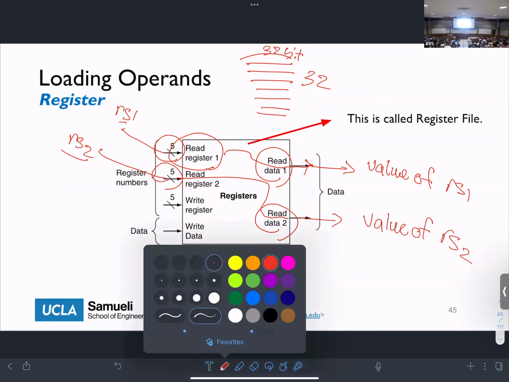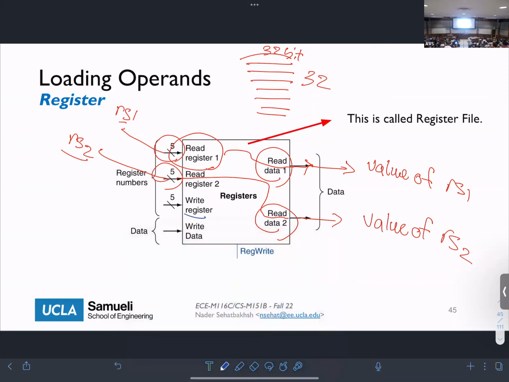So this is basically your RD. Again, it's 5 bits because RD is also a value between 0 and 31, so it only needs 5 bits. And RD needs data to be written to it, right? So these are your outputs, but this is your input, and this is a 32-bit value, okay?